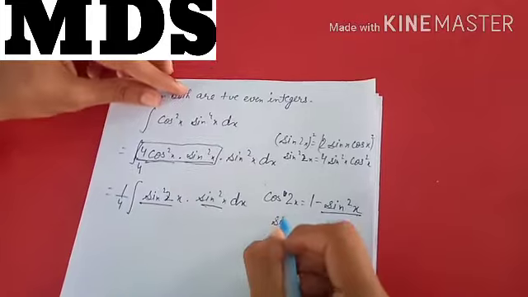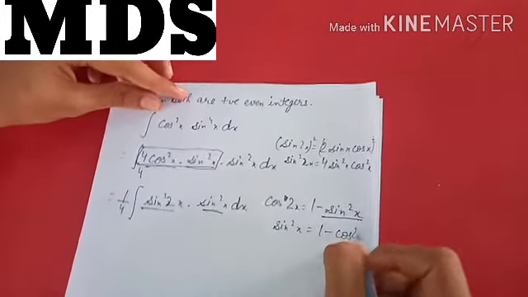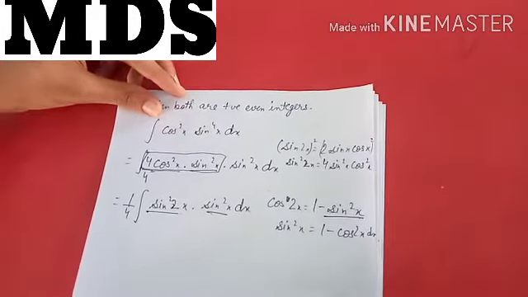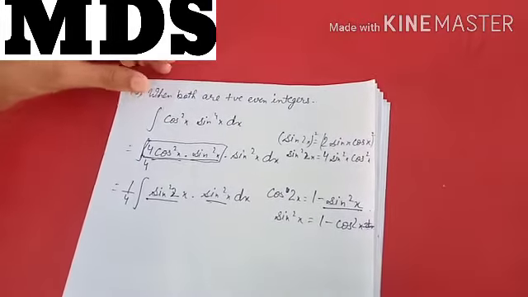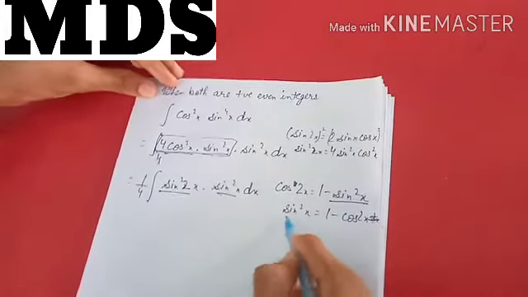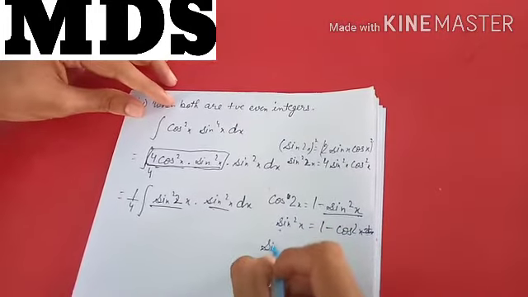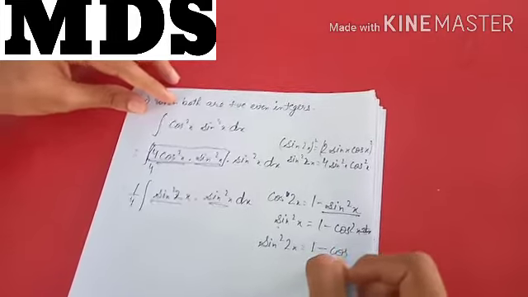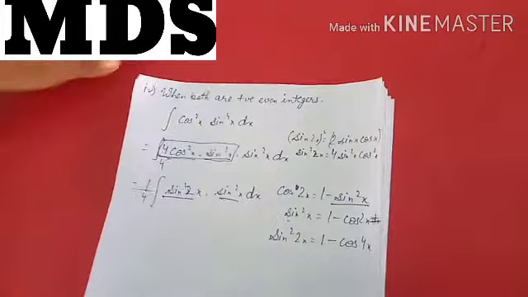It will be sin square x equal to (1 minus cos 2x) by 2. And if you want to talk about sin square 2x, we are going to just double the angle here. So that means sin square 2x will be equal to (1 minus cos 4x) by 2. We can replace this by this.